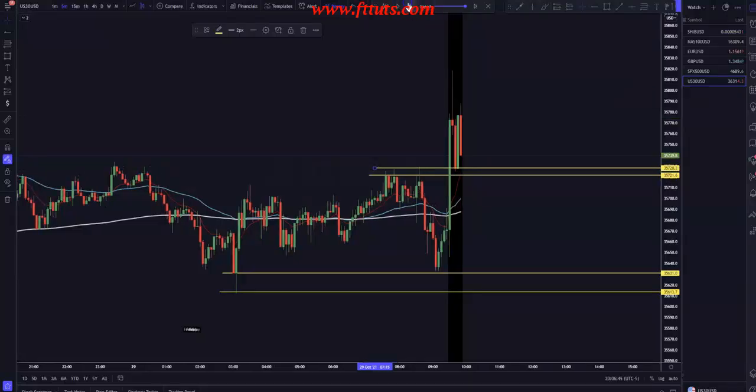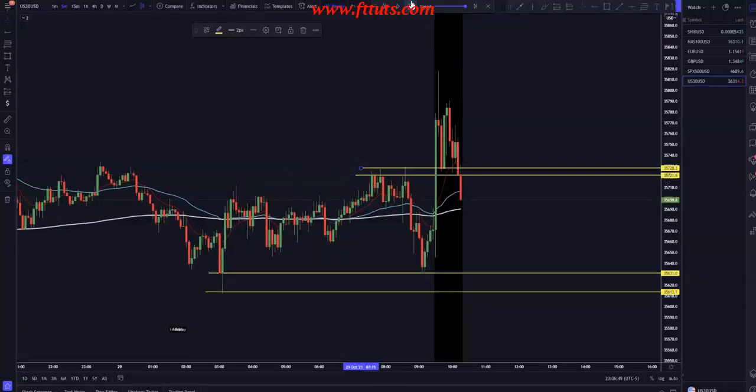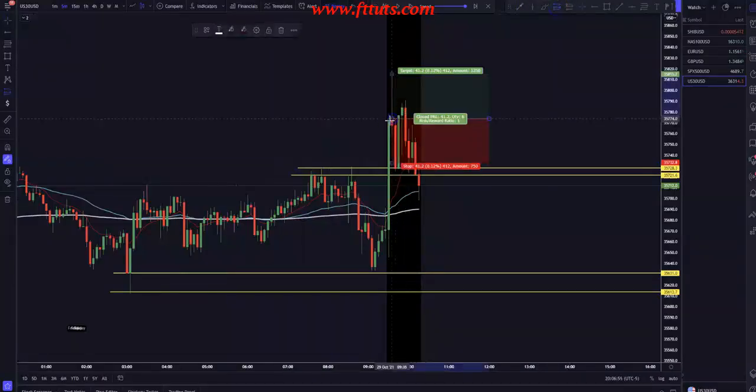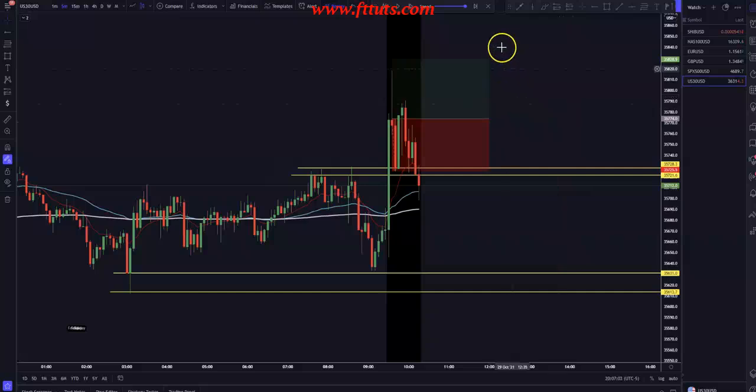That's the entry right there. And you lose. So that's what trap days do. So that would be an entry right there for a buy. And then as soon as you enter that trade, it immediately goes against you and you lost. So that would have been a losing trade right there.